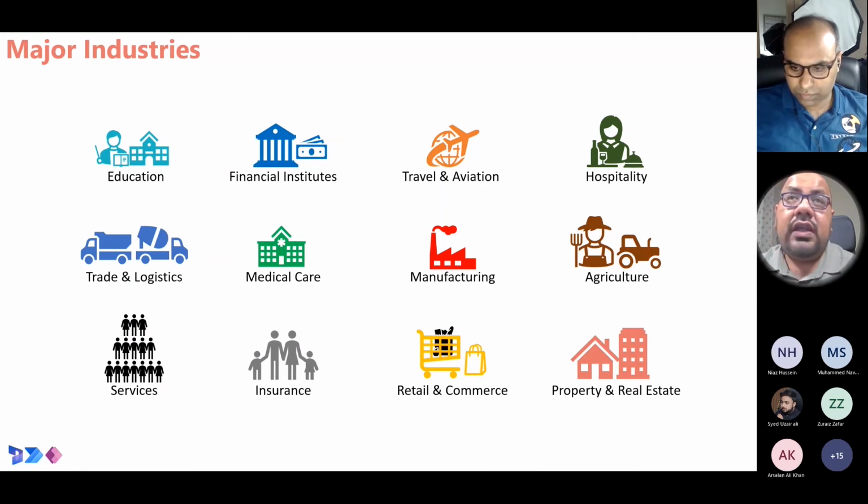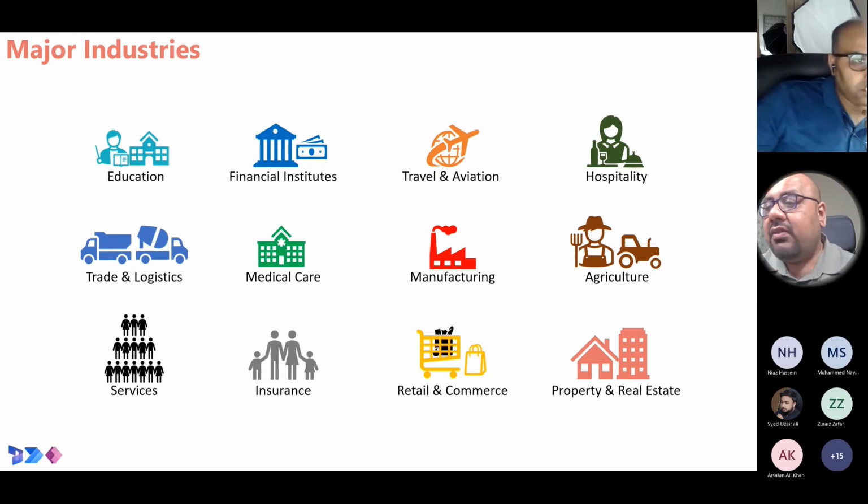So the aviation and travel industry are adopting Dynamics 365. Then the hospitality sector is a major one, where retail comes in, with the service part and even the sales part also utilizing it. Trade and logistics is the backbone for any kind of manufacturing, so they are using Dynamics 365.